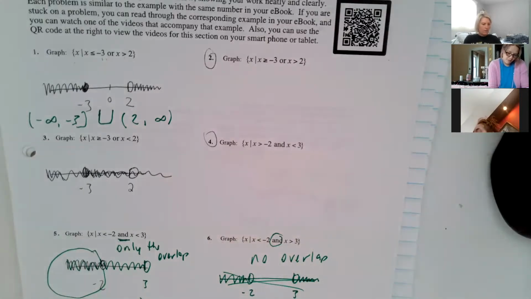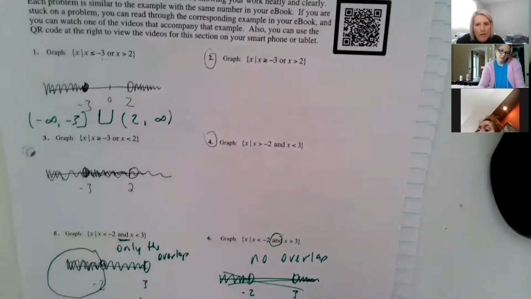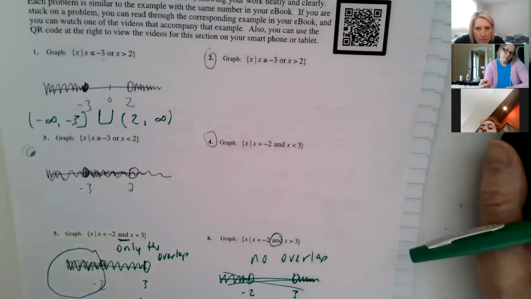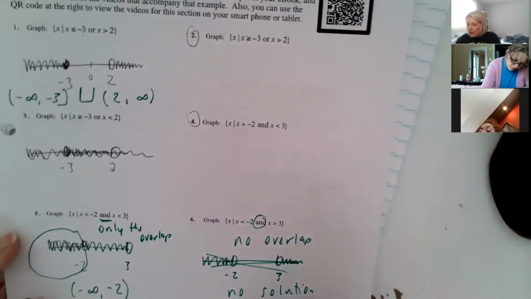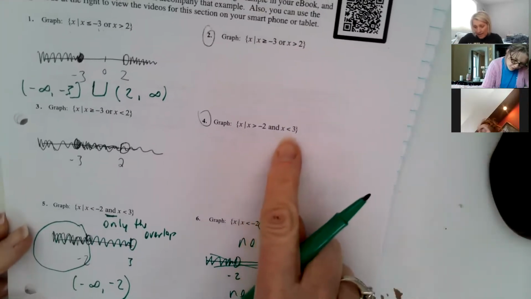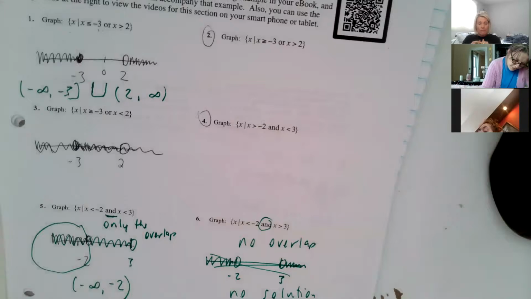Okay, but for 4, I got an overlap again. It'd only be one answer, right? x has to be greater than -2 and x is less than 3. But they both overlap each other. So they overlap only in between there, right?